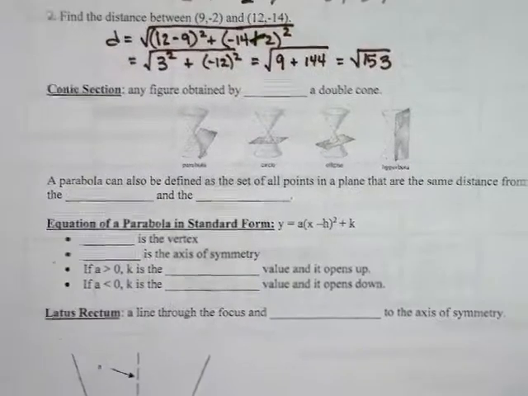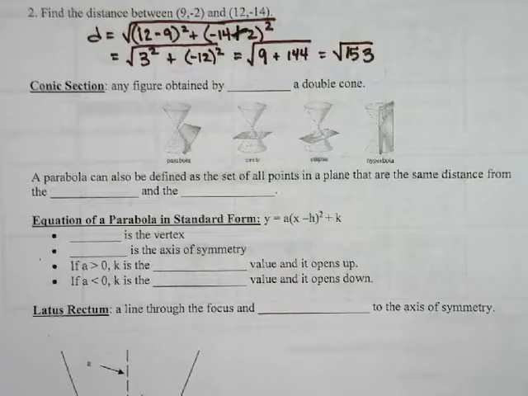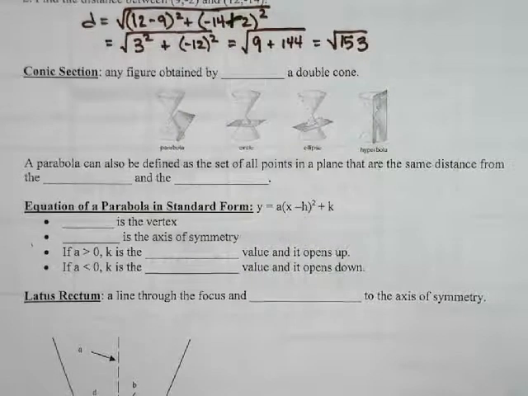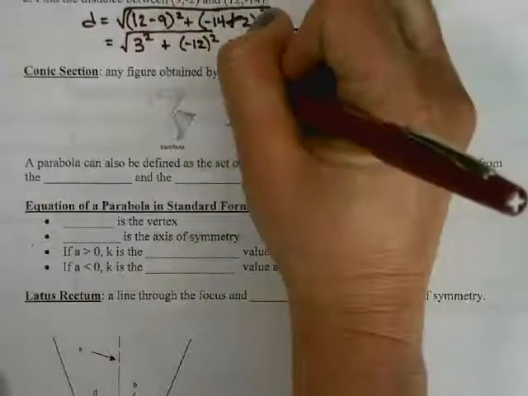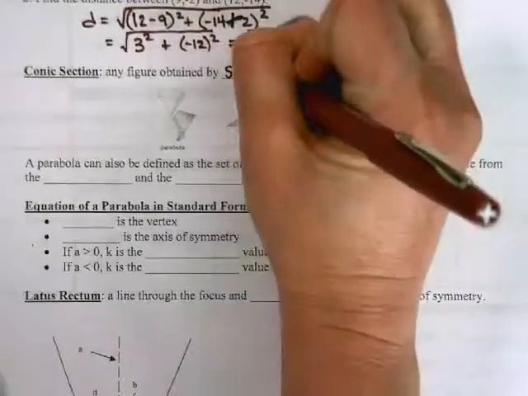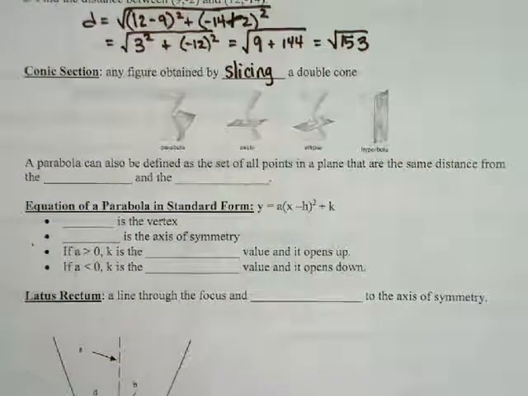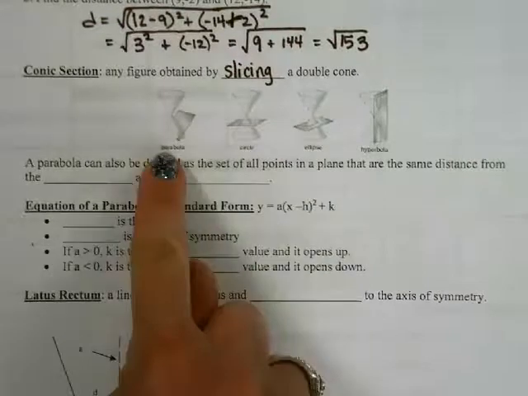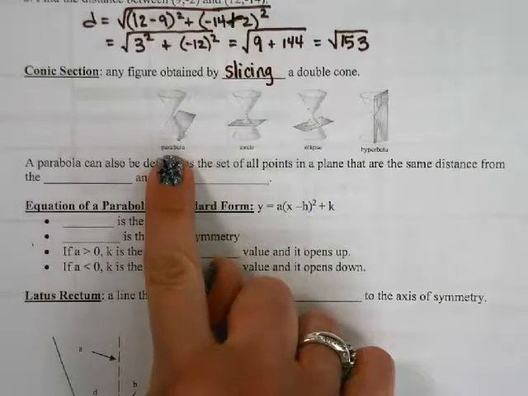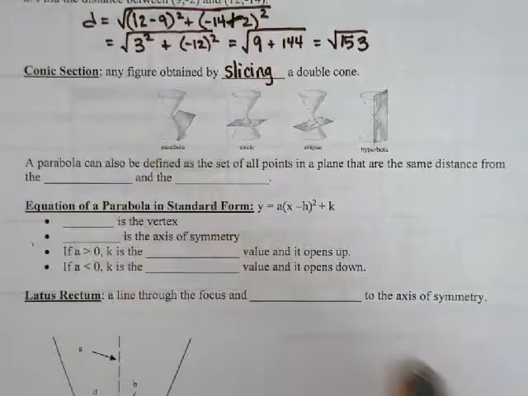Let's then talk about parabolas and what a conic section is. So a conic section is any figure obtained by slicing a double cone. Alright, now, the pictures aren't the greatest here on these copies, but here are some of them that we get, and I will show you.